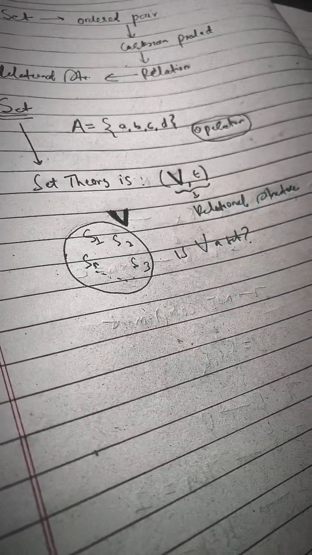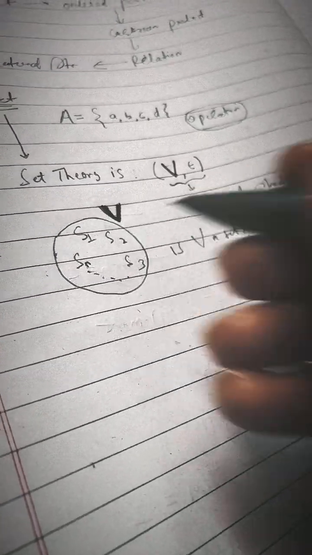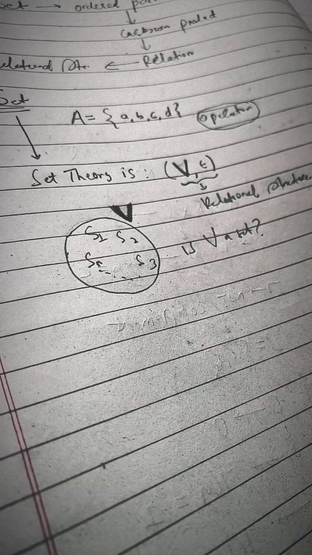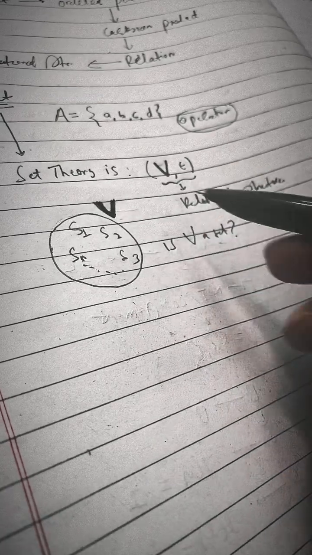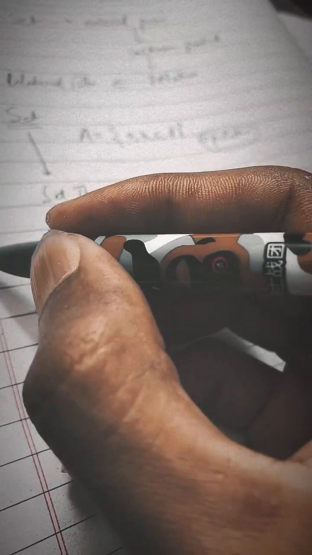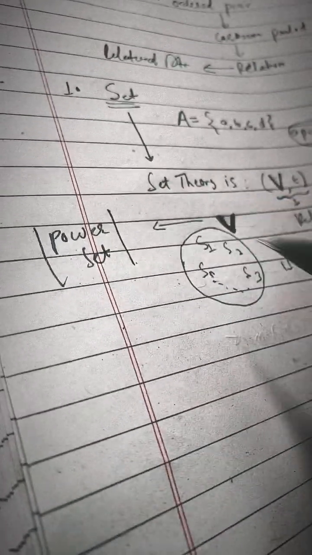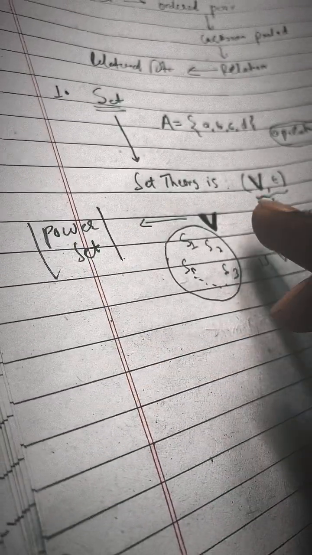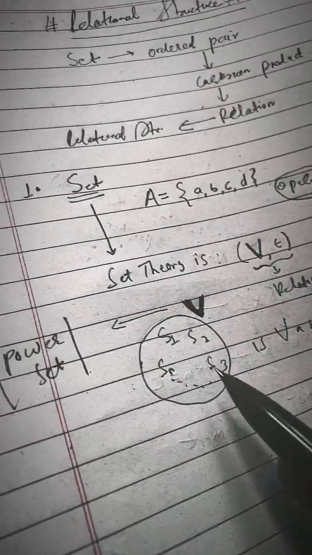And the reason is simple. Can you think why? Why cannot there exist such a set that contains every kind of set? Well, the answer comes from the notion of power set. We will talk about this, and then it will be clear. I will answer it later, why it is not allowed.